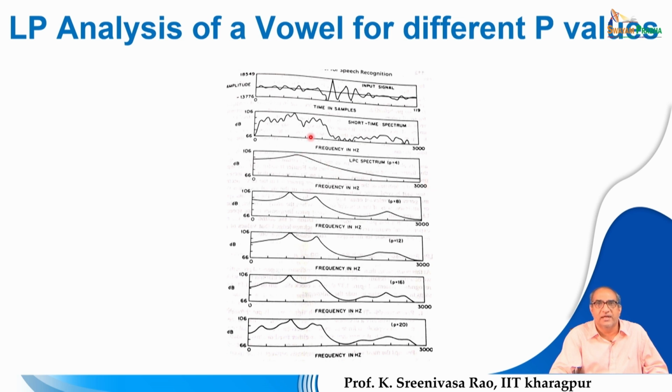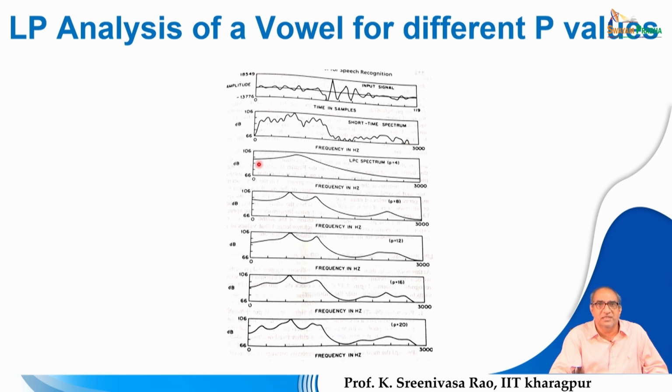Here this is the true spectrum. For example, up to 1200 or 1500 hertz the spectral envelope has higher energy, and afterwards the energy is low, right?